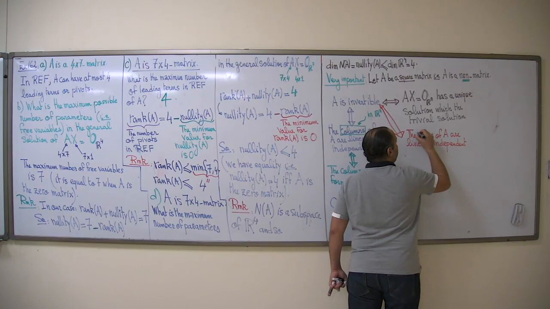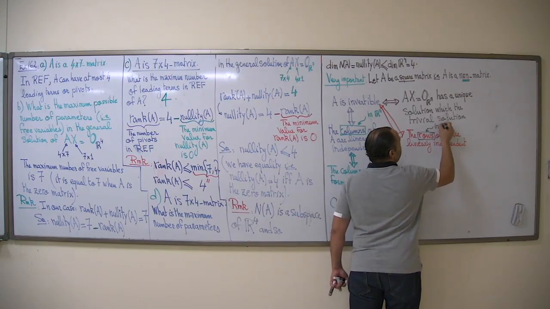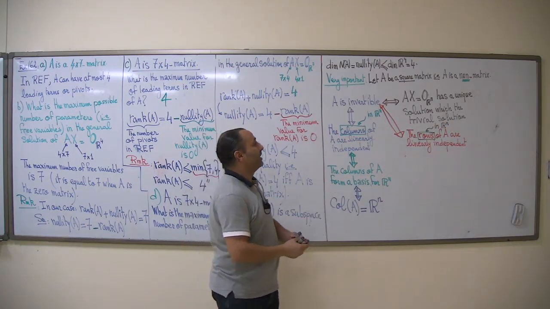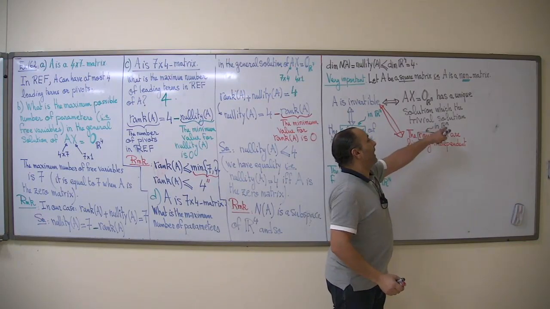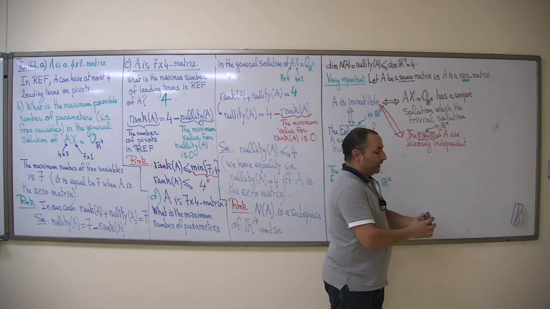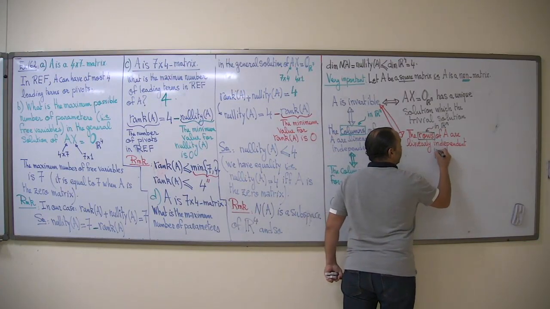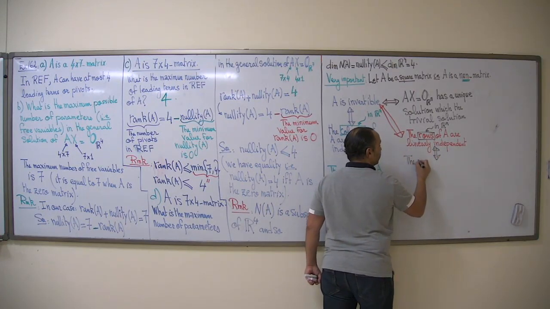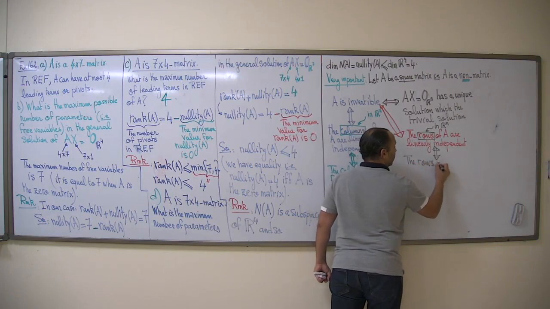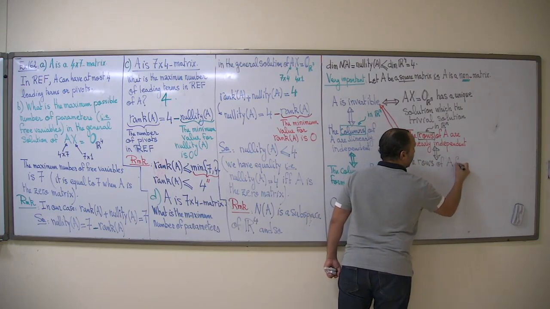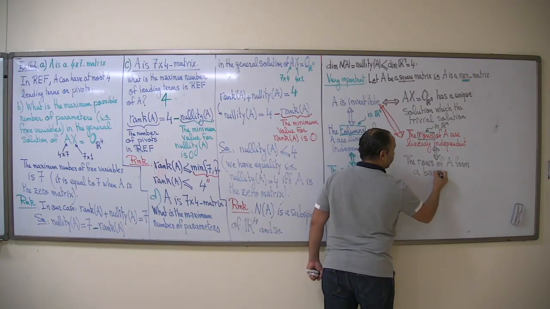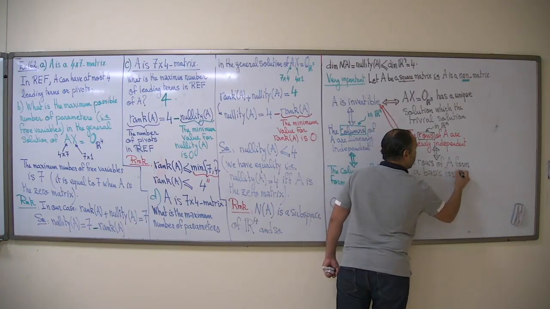How many of them? I have n rows. So n rows in Rn that are linearly independent will form a basis for Rn.